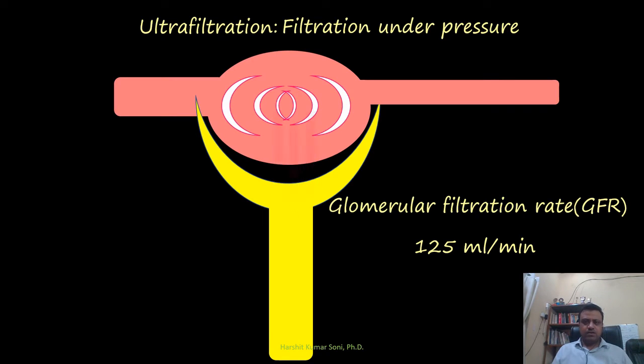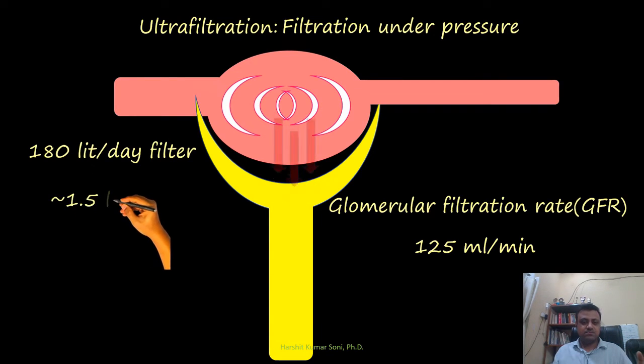If we calculate for 24 hours how much we filter from the kidney, that comes around 180 liters per day. So this much we filter every day. 180 liters of filtrate comes. But how much do we pass? The average urine a normal human being passes out is around 1.5 liters.